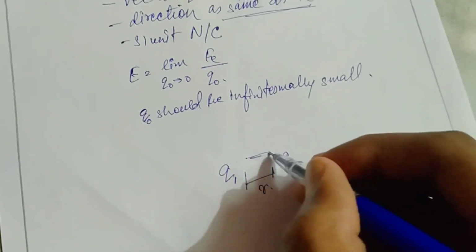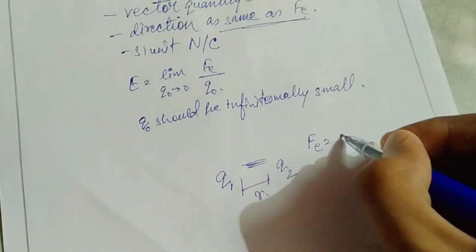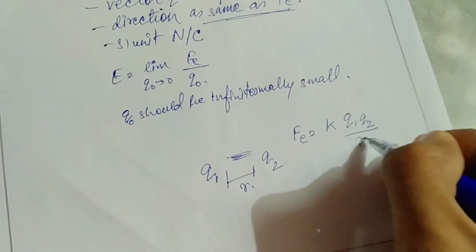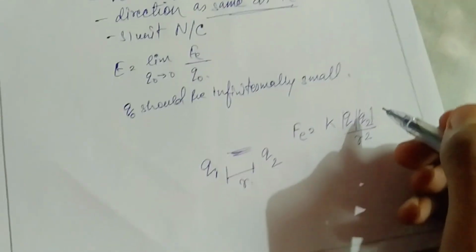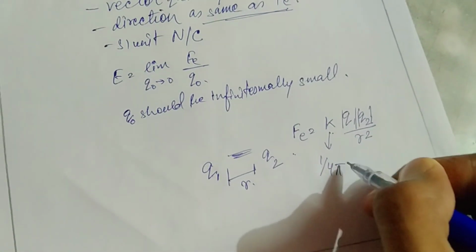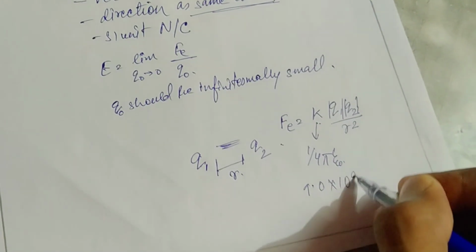So the electrostatic force we can write as Fe equals k q1 q2 by r square. In vector form we keep it in mod. The value of k we can take as 1 by 4 pi epsilon naught, or we can also take 9.0 into 10 to the power 9.